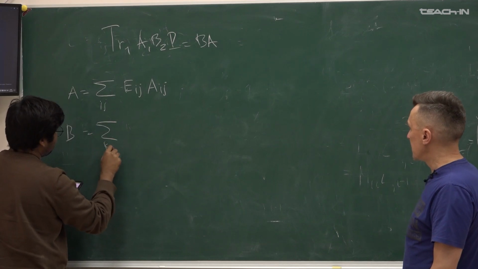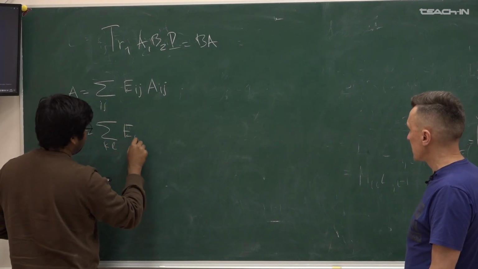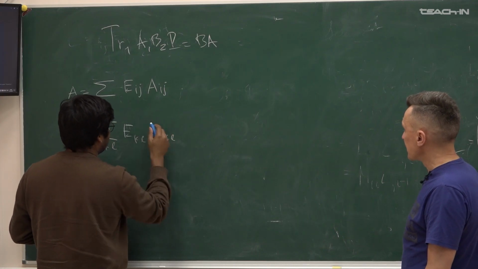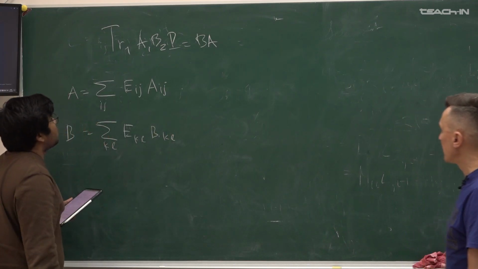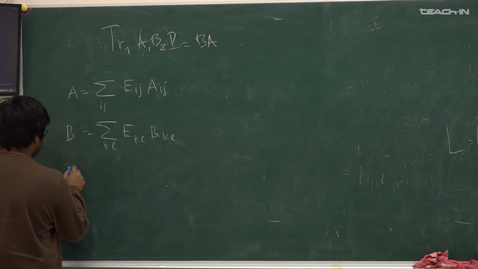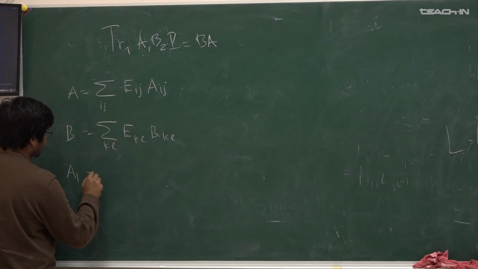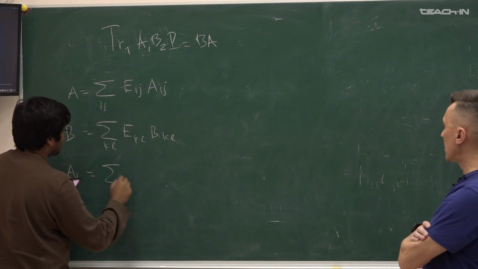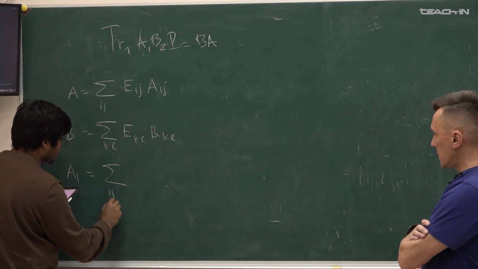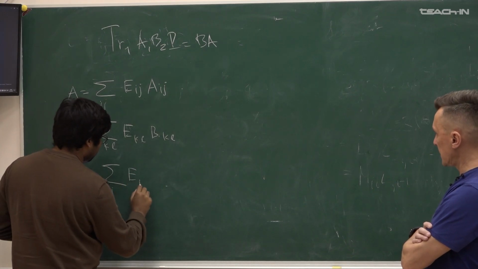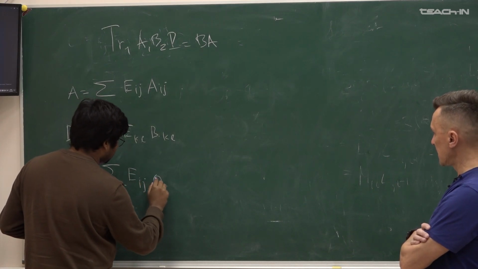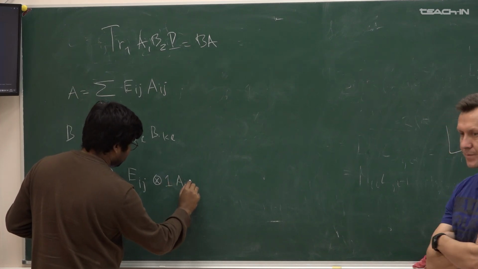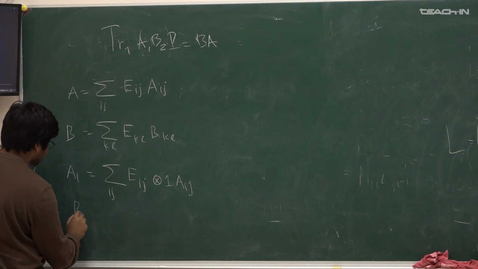And the same for B. You can also write these elements A1, which is just the same thing with tensor multiplication. Yep, perfect. And B2.